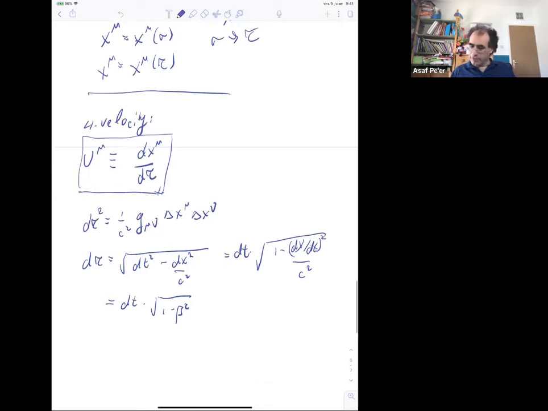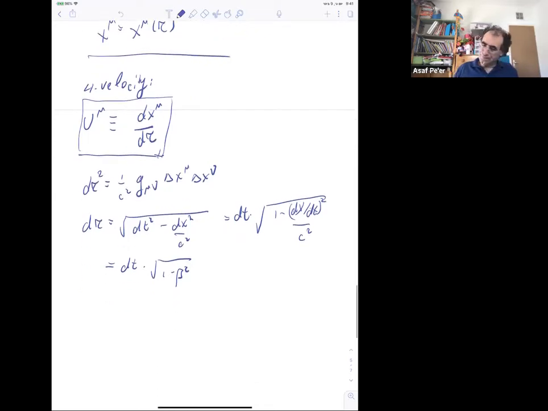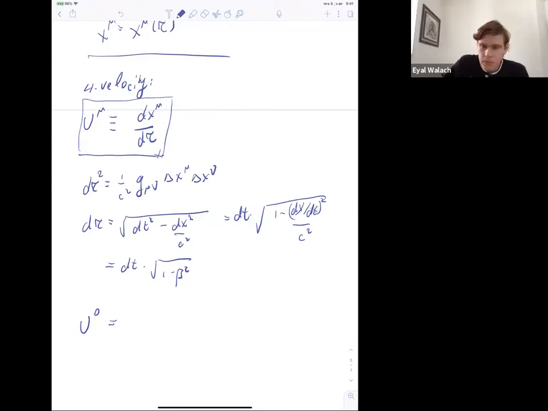So using that, we can write down the four-velocity. u0 is dx0 over d tau. What is x0? That's the time. No, it's ct.